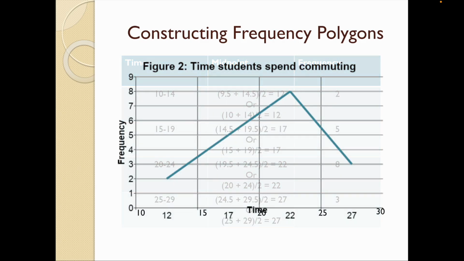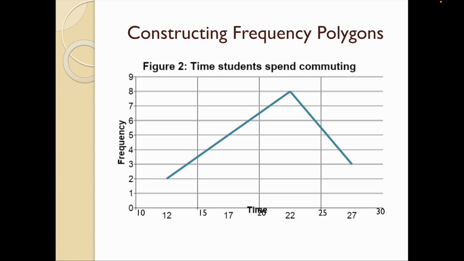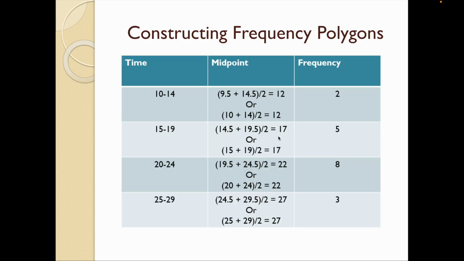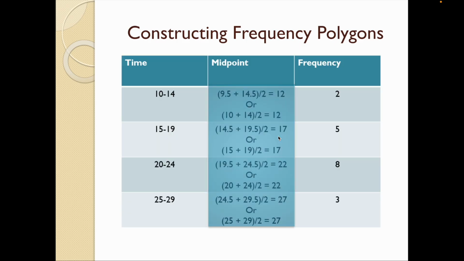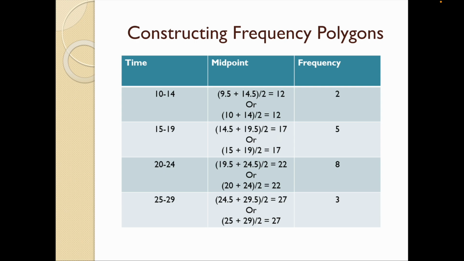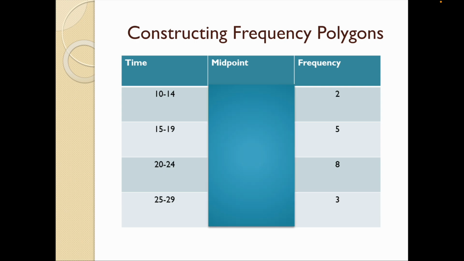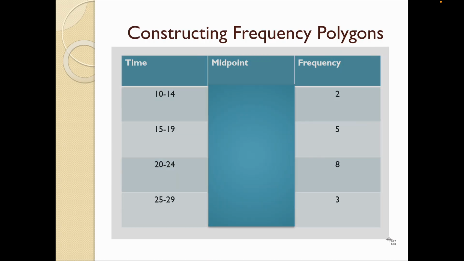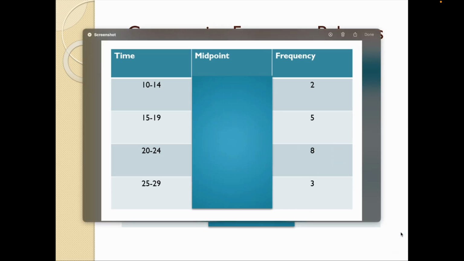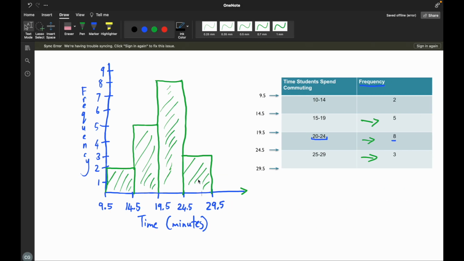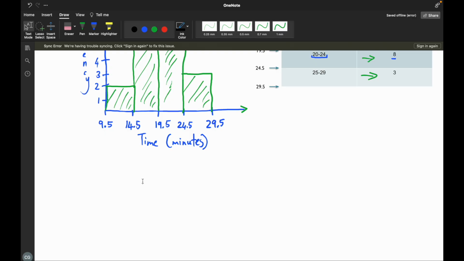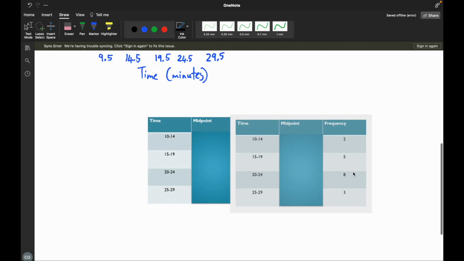So if you look at this sample here, you would see that it's going to be on the particular midpoint. Okay, so I'm going to use this and try to draw it for you so you can actually see what it is. As I take my time to draw this, it's going to give you a better idea of how it's done in real time.